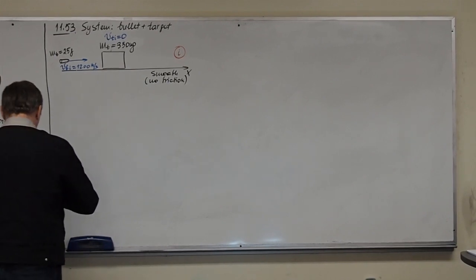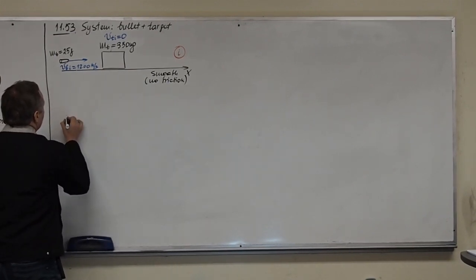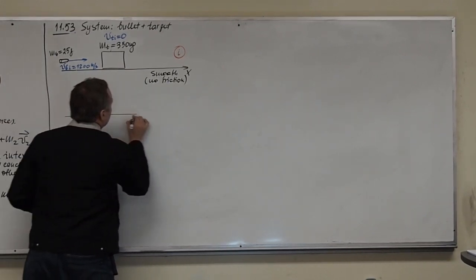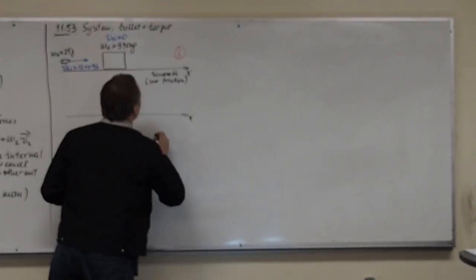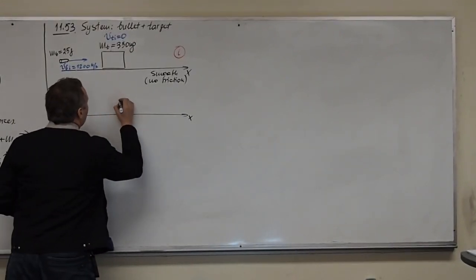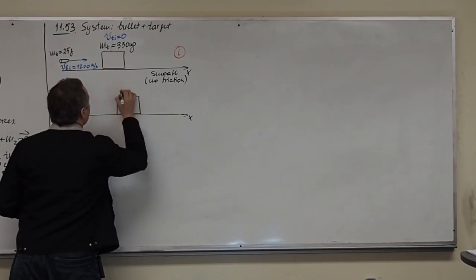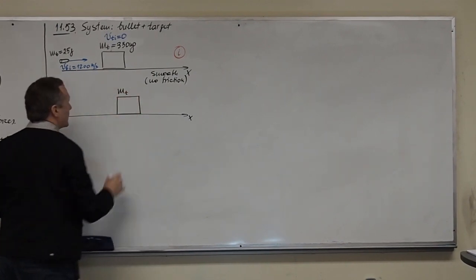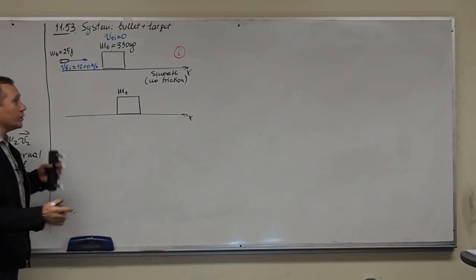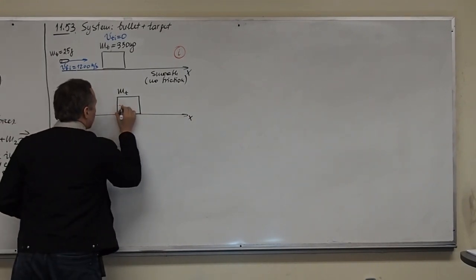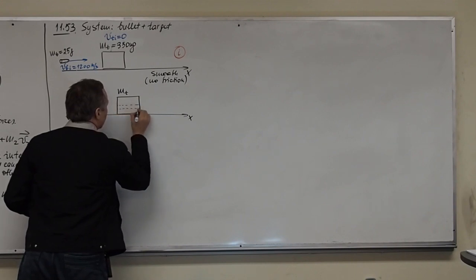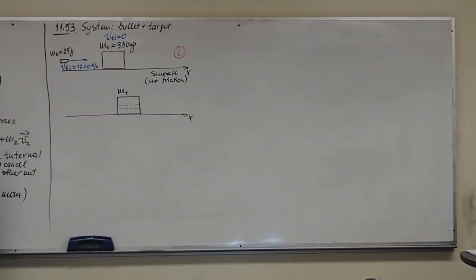Now the final situation. Again, our smooth surface, x direction. Let's say the target moved slightly. Of course, it will lose some mass, the target. So let me draw the hole in the target.